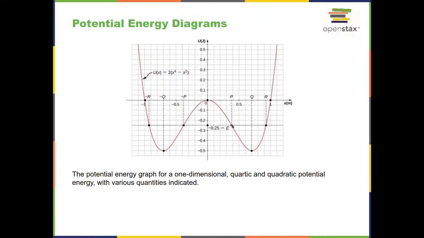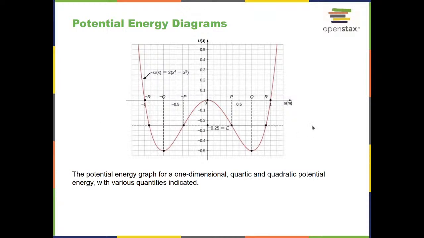Or it can move between p and r, right? It cannot be between minus p and p, not with that energy, and it cannot be at a position x greater than r, or at a position x less than minus r. Those are not allowed for that energy.